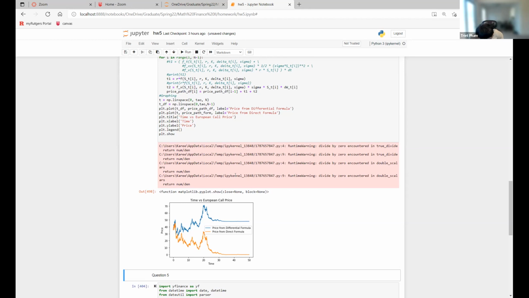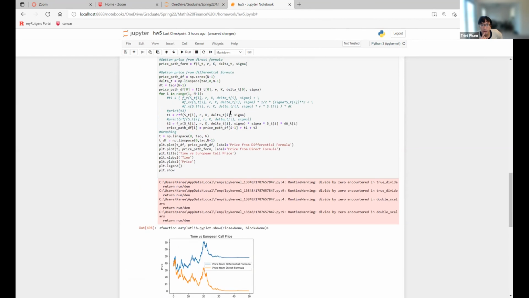So the change in the option price is the delta plus... oh, should it be DT, Kareem?